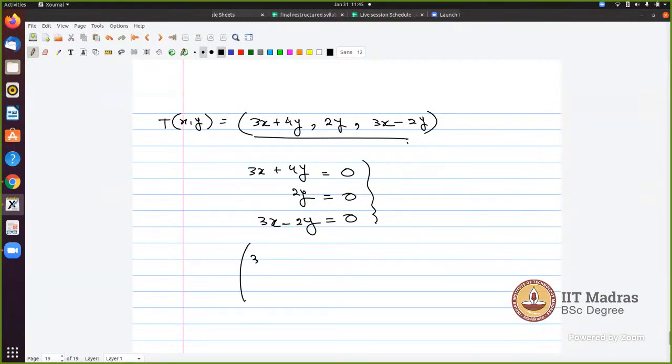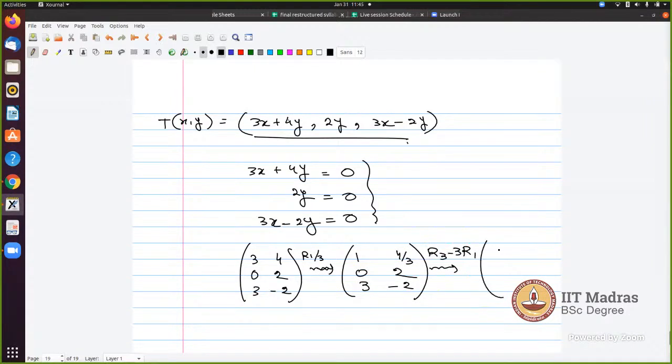So let me write this: rows 3, 4; 0, 2; 3, minus 2. What I can do here is R1 by 3. So 1, 4 by 3; 0, 2; 3, minus 2. Then R3 minus 3 R1: 1, 4 by 3; 0, 2; 0, minus 2, minus 4, so minus 6.